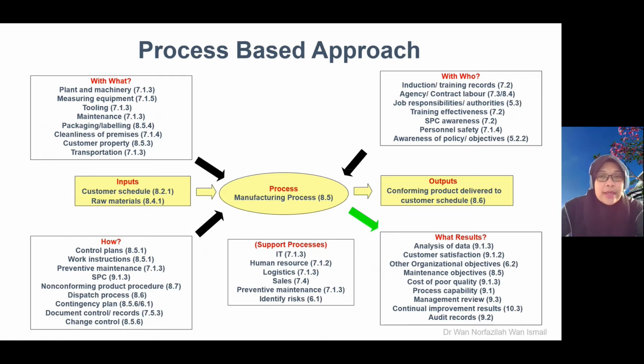Okay, with what? Kita kalau ada company besar, kena ada plant, kena ada machinery, measuring equipment, tools, maintenance. Once you have machine, you have to maintain the machine. Packaging, labeling, all these requirements are actually in the process based approach. Okay, you need to fulfill everything listed, then you can say that you have a very good quality management.